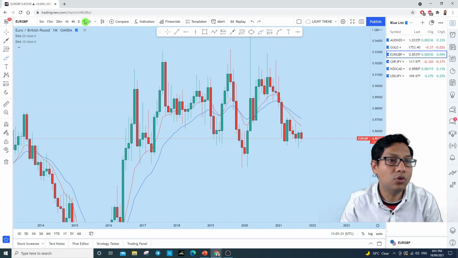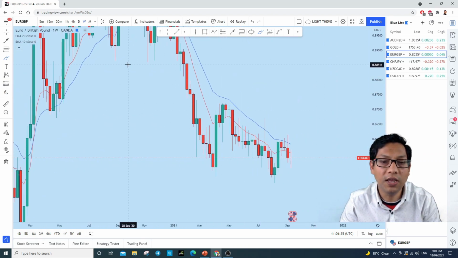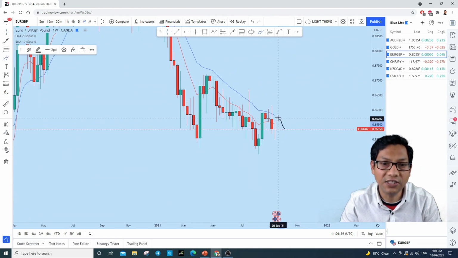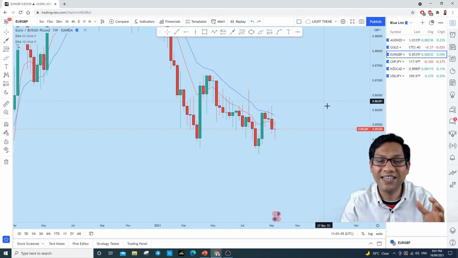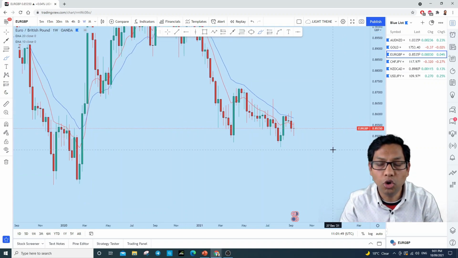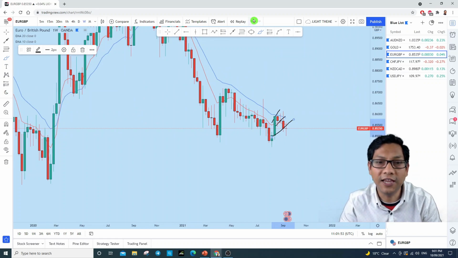Now going down to the weekly time frame, what kind of opportunity do we have? On the weekly, the price has created this very important candlestick pattern. This is a long wick doji or a standard doji, whatever you want to say, but this doji was created after these back-to-back 3 weekly candles.